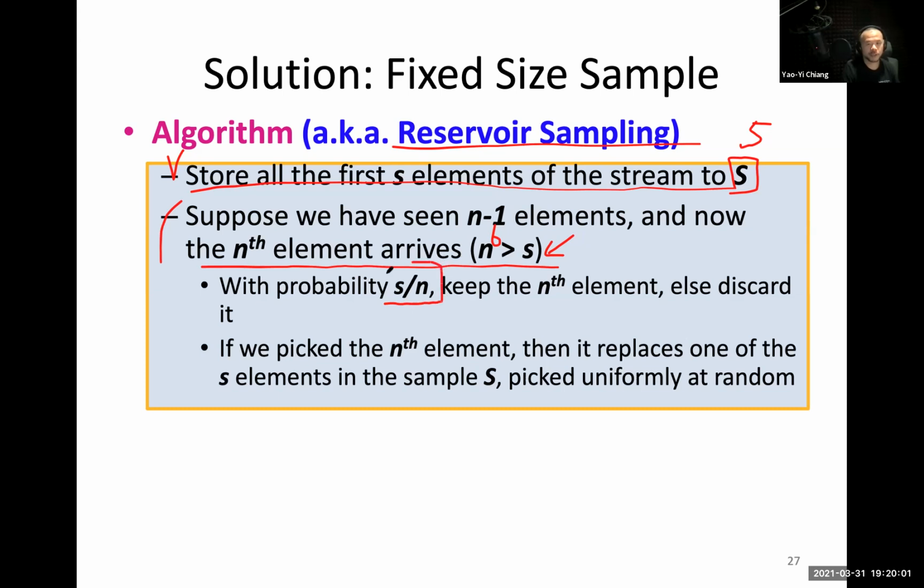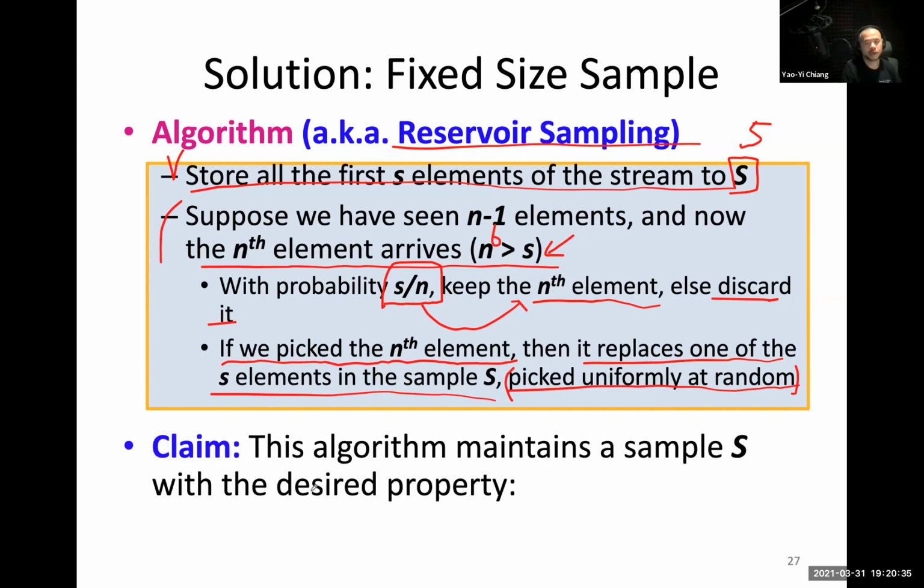So given this probability, you are going to keep this nth element in the sample, or you are going to remove it. Okay. So you know that if you want to keep this element in the sample, you have to remove one from the sample. So how do you pick the one that you want to remove? If you pick the nth element to be in the sample, then you have to replace one of the s elements in the sample, and to pick the one that you want to replace, you just pick one at random.